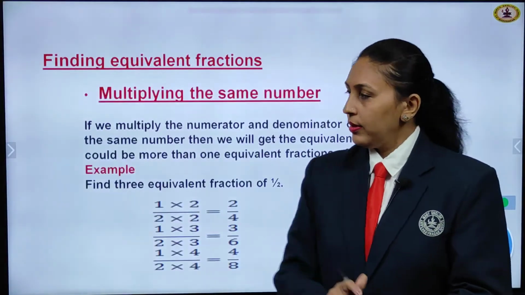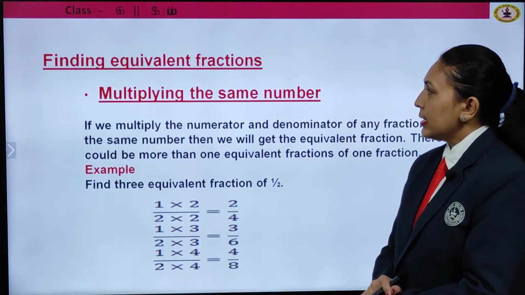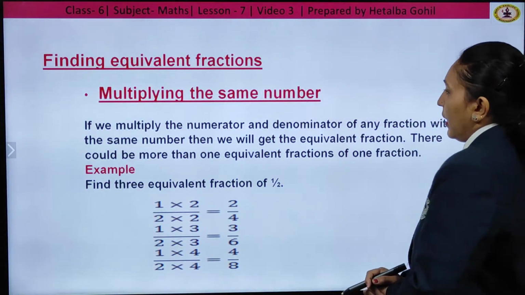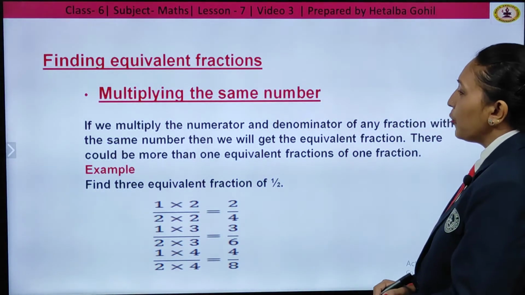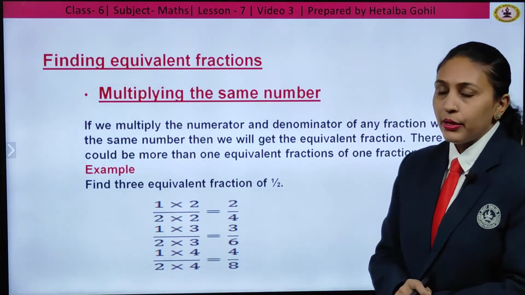Let us go next. Now children, how to find the equivalent fraction? To find the equivalent fraction, you can multiply the same number to the numerator and the denominator, and then we will get the equivalent fraction.